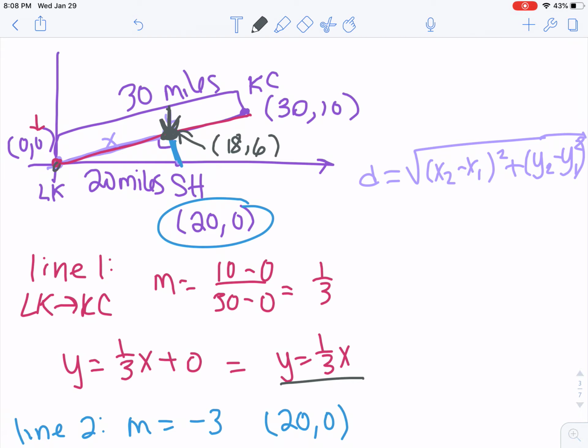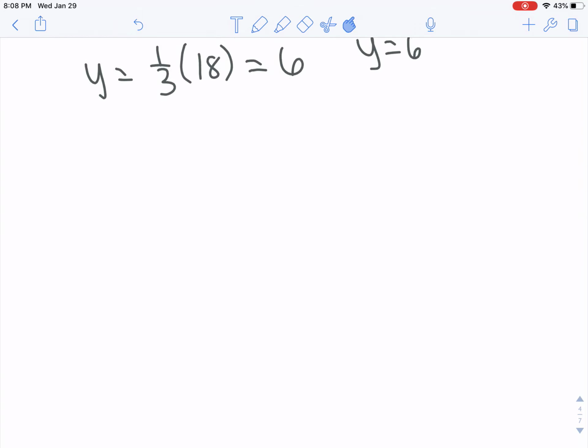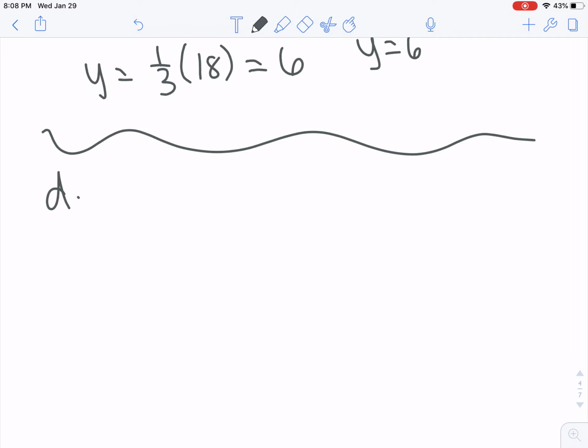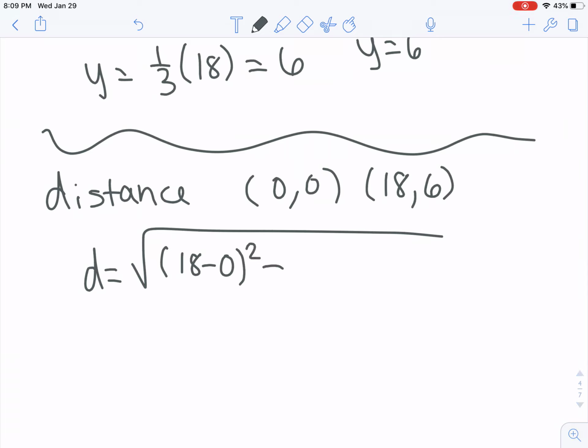Okay? So now I want to find the distance between 0, 0 and 18, 6, because that's where the junction is. So you use your formula. D equals the square root of x minus x squared plus y minus y squared.